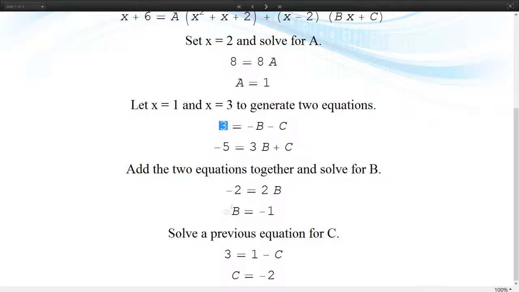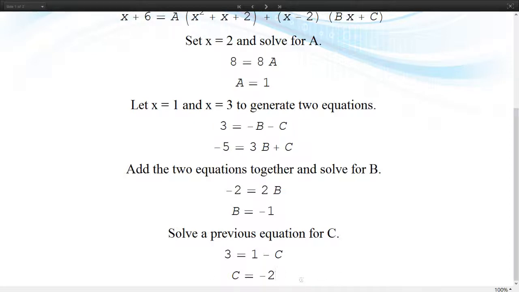So b is equal to negative 1. And then we plug this into any of our previous equations. I chose this one. Plugging negative 1 in for b gives us that c has to equal negative 2.